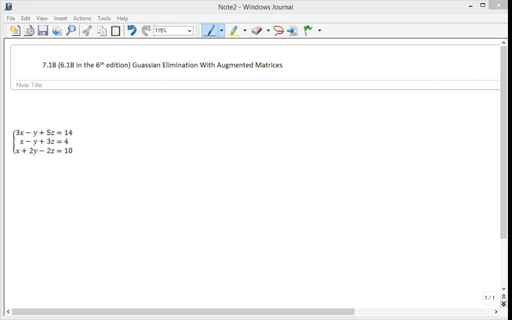This is the second video from 7.1 or 6.1 in the 6th edition. And now we're going to take these augmented matrices that we can make with a system of equations and solve them. So the method that we're using to solve them is called Gaussian Elimination, and it's named after a great mathematician, Gauss.